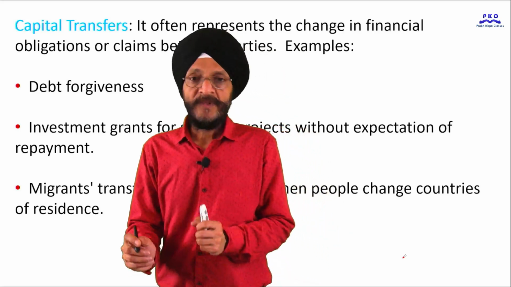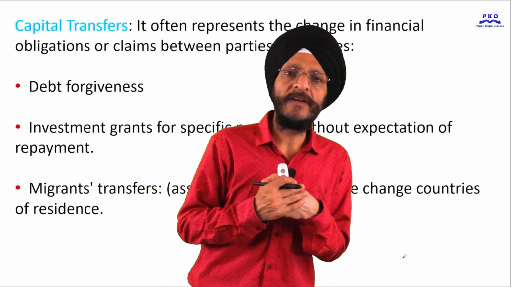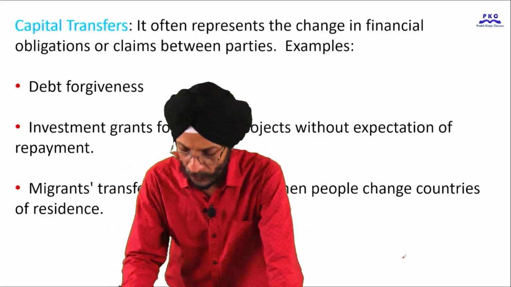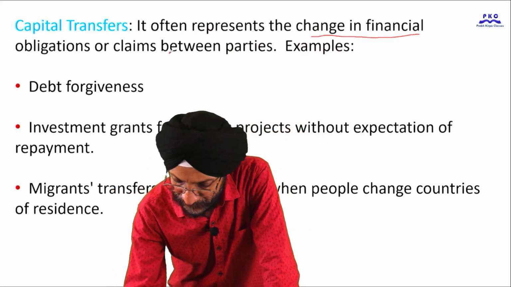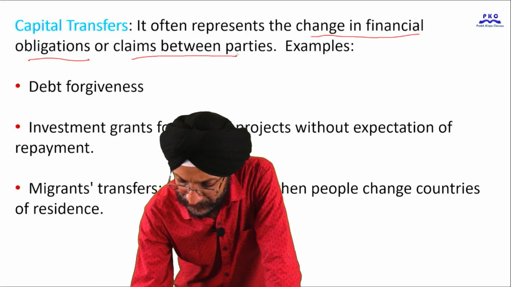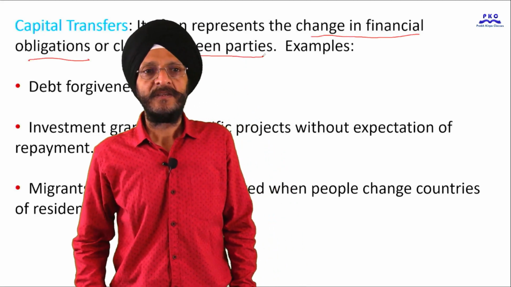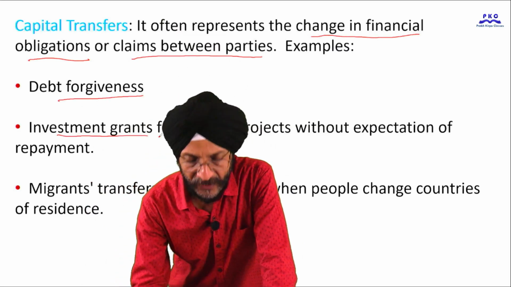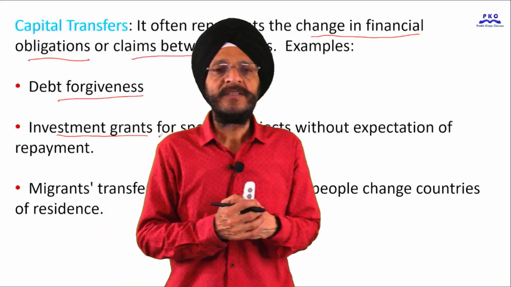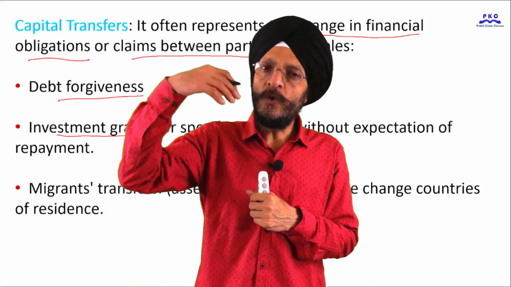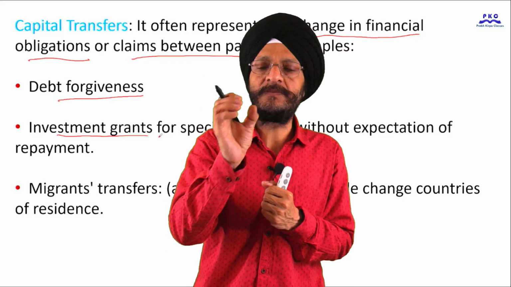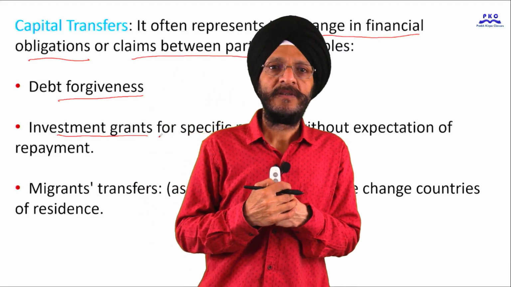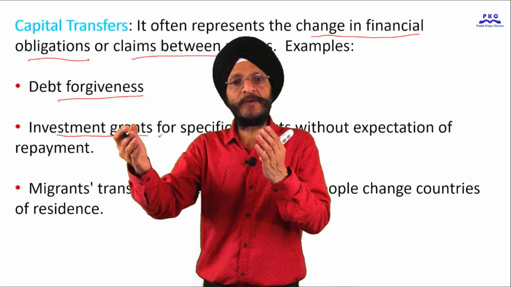Now, capital transfers are also recorded in capital account. What are capital transfers? It often represents the change in financial obligations or the claims between parties. First is debt forgiveness. Then one country may give certain grants to other countries only for investment purpose in a specific project, and it does not expect to receive the same.